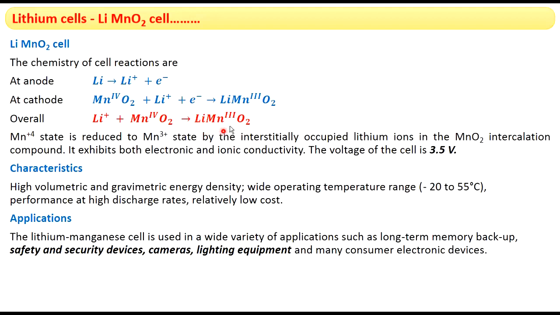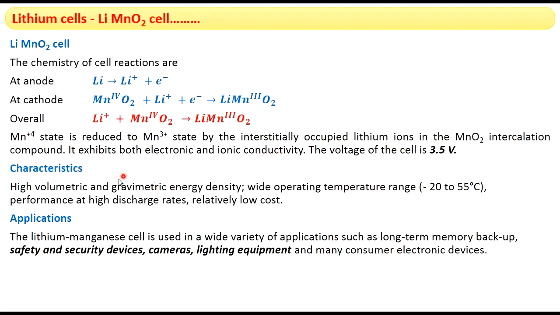So this is a primary battery, and here manganese from +4 oxidation state is reduced to +3 oxidation state by the interstitially occupied lithium ions in the MnO2 layers, the intercalation. Those Li+ ions reduce the Mn(IV) to Mn(III), and this LiMnO2 cell will produce a maximum of 3.5 volts. The electrolyte mixture exhibits both electronic and ionic conductivity.